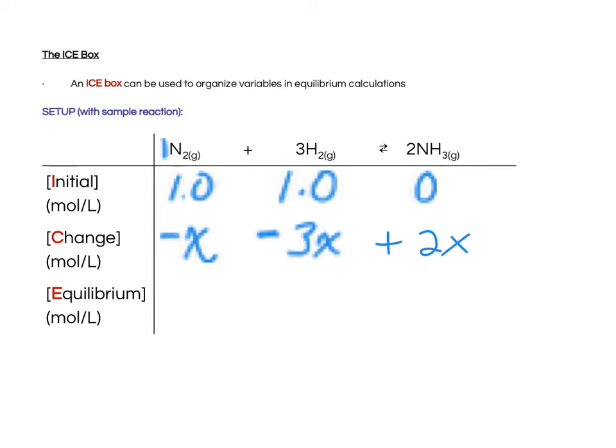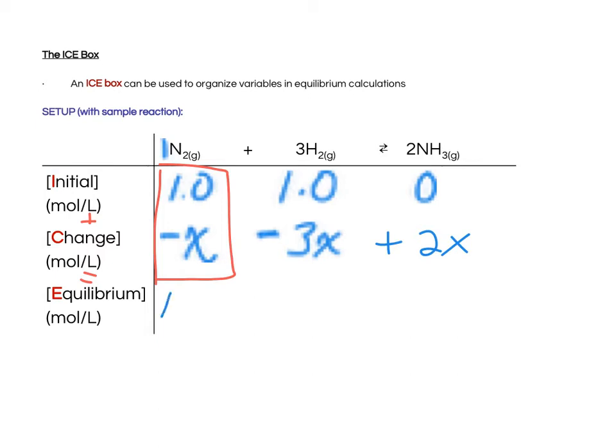And so how do I get my equilibrium concentration? Well, I get that by combining my initial and my change. So initial plus change equals equilibrium. Because I don't know the value of x, I can write out an expression to describe the equilibrium concentrations, and maybe at a later point I will have enough information to solve for x.